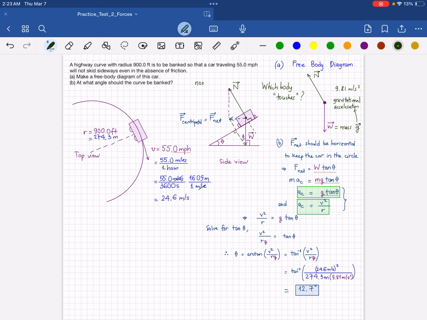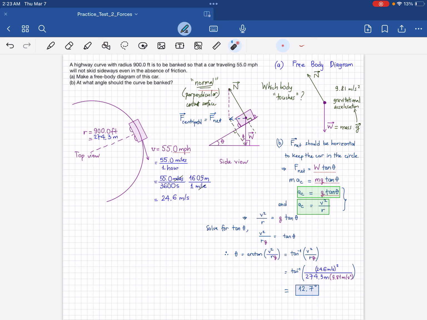Normal force, just by its name, means it is normal, which means perpendicular to the surface of contact. The contact surface here is actually the highway. If we look at it sideways, this should be the highway being banked, and you can see that the force is perpendicular to it. That's why this should be the direction of the normal force, right?